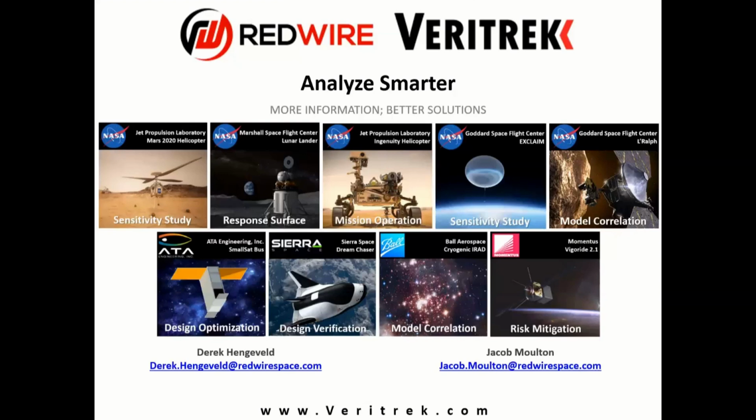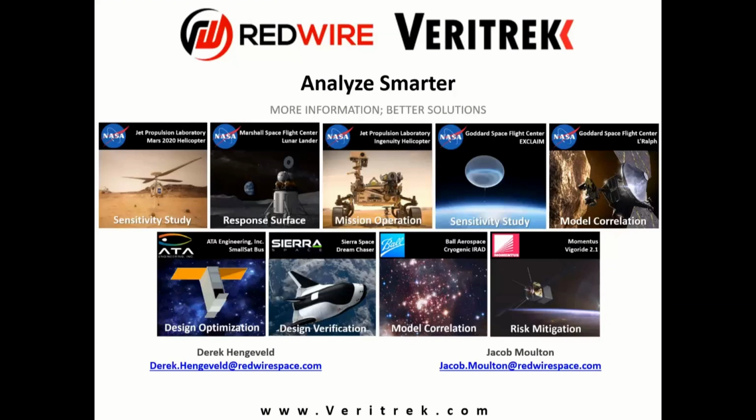So that's the big take home here: Veritrek is a reduced order modeling software tool for Thermal Desktop. We've got a number of folks using Veritrek for a pretty broad range of different applications.